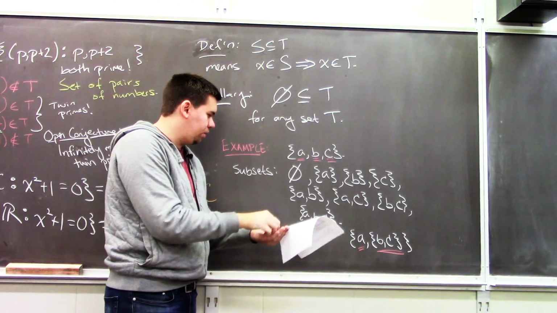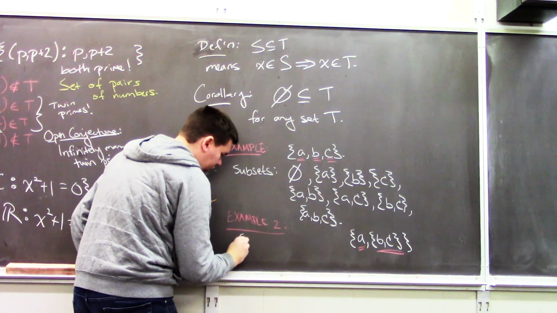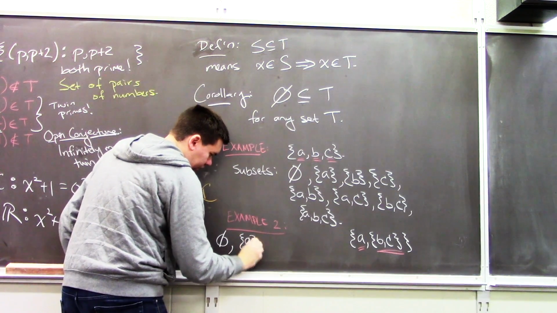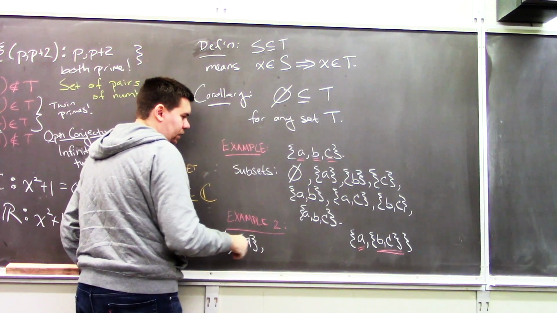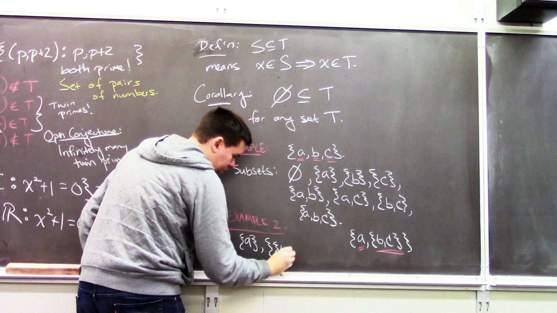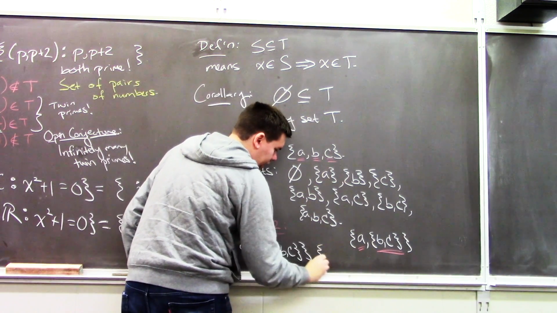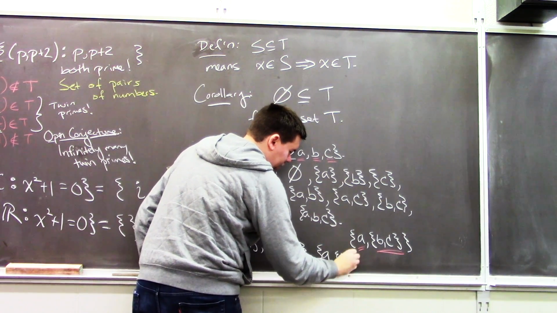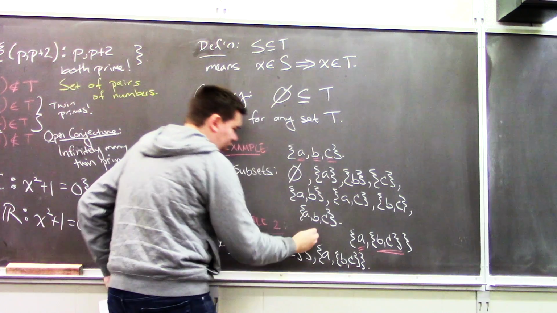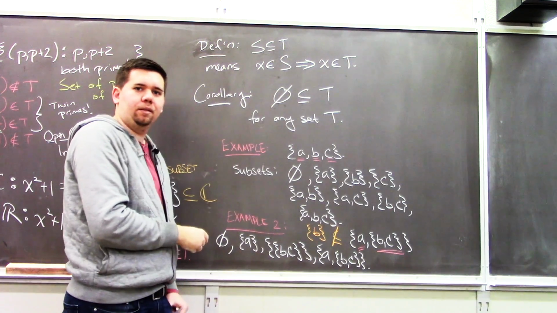Then let's think of what a subset would be. So the subsets for this, well, one of them would be the empty set. One of them would be just the element A. One of them would be the set that contains just the set B, C. And then there's the set that contains both A and the set B, C. But, very importantly, just the element B, the set containing just B, is not a subset of that set.